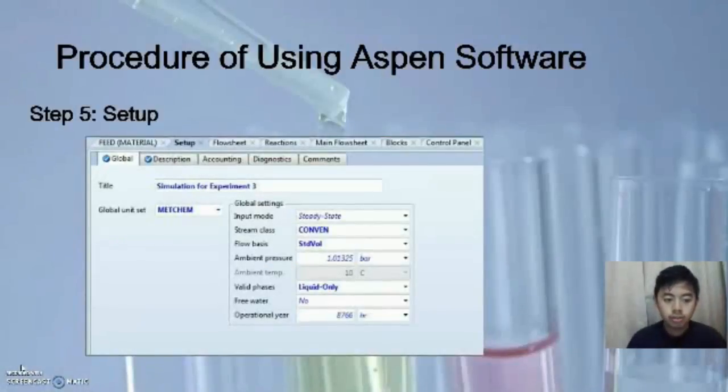Then we can select the title for our simulation, and we also have to choose the input mode, which is steady state. For the stream class, we choose conventional, and for valid phases we choose liquid only, because in these experiments the phase is only liquid.